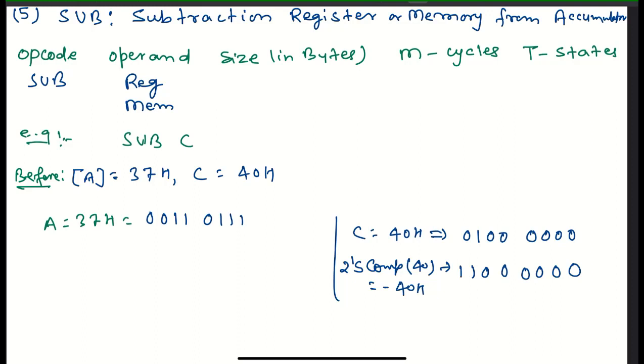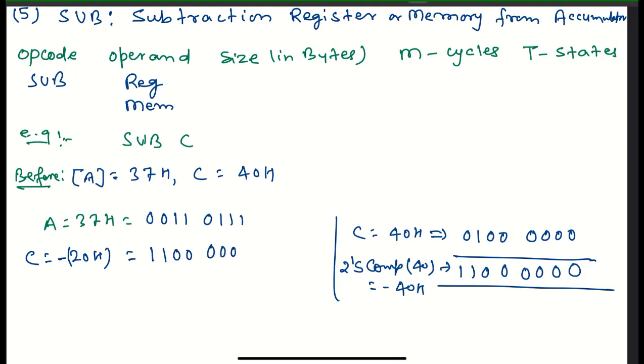So this is 1, 1, 0, 0, remaining 4 zeros. It gives the representation of minus 40H, which is 1100 0000.